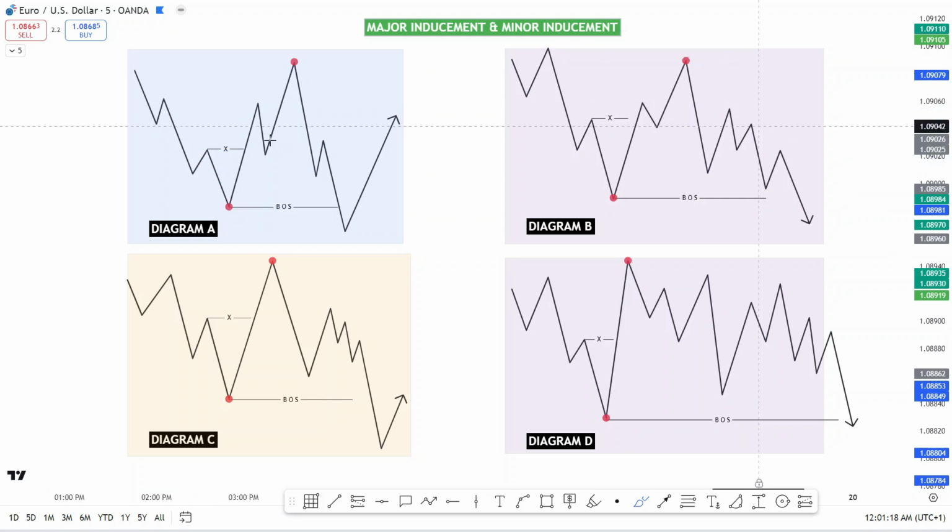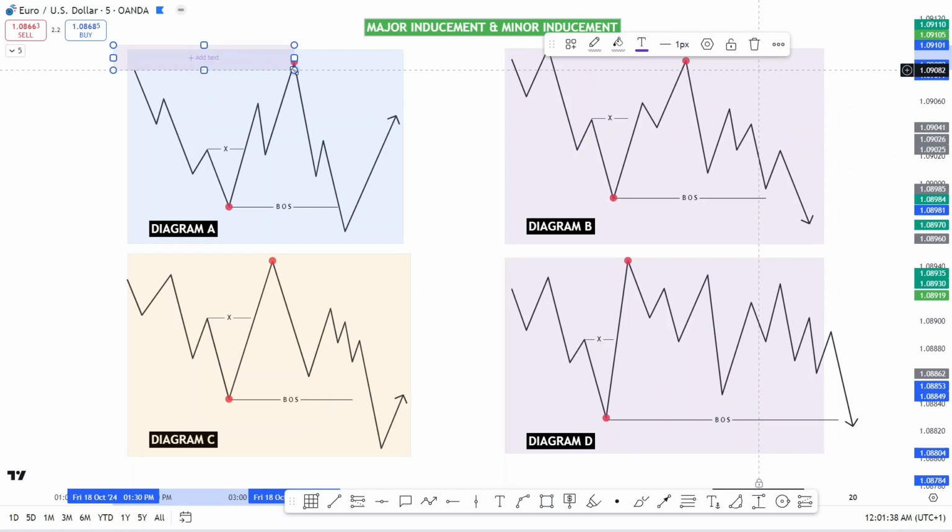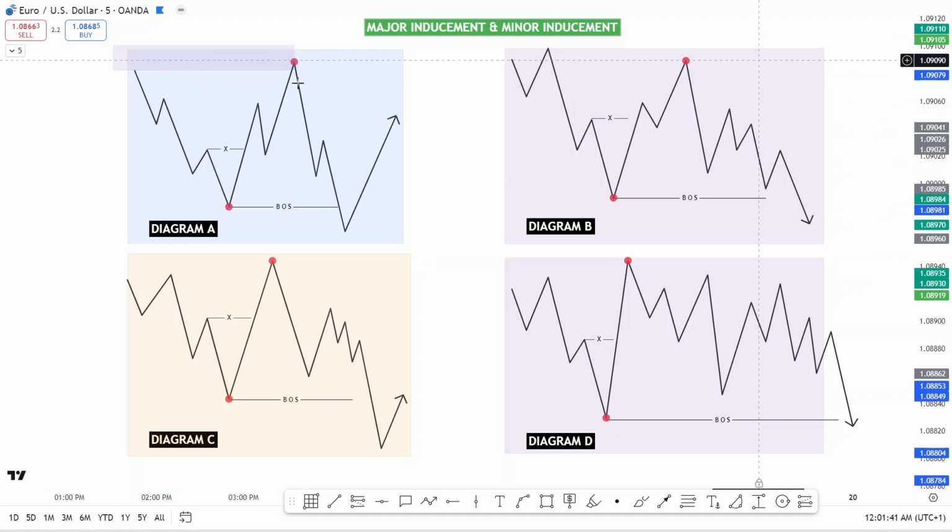Let's pay keen attention to what I'm sharing with you. Another thing we must take note of is this: after this inducement is taken, we're expecting a new high. True or false? True. And probably this high mitigated a previous zone here. Based on this mitigation, where are we looking for our entries?